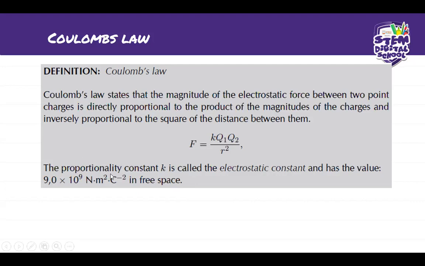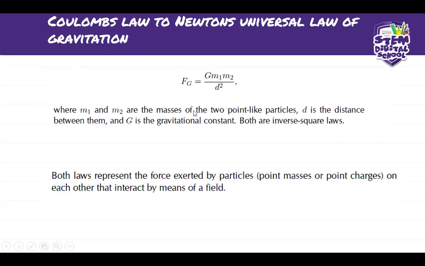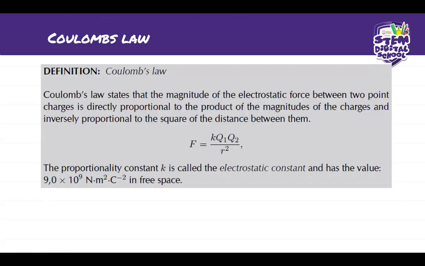So now we compare Coulomb's law to Newton's universal law of gravitation, right? And what does it say? In this case, M1 and M2 are the masses of the 2-point-like particles, and D is the distance between them, and G is the gravitational constant.